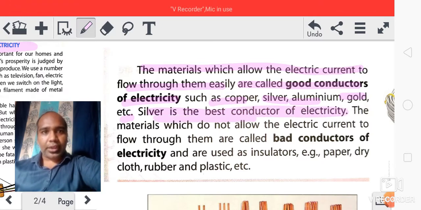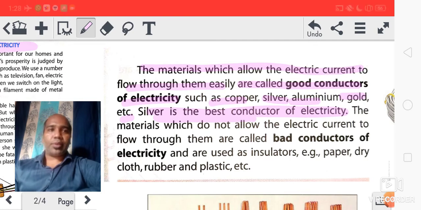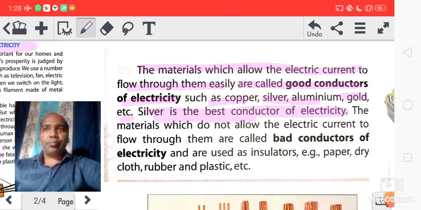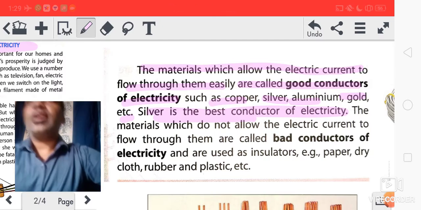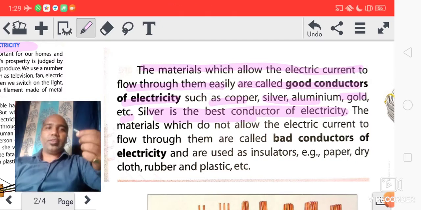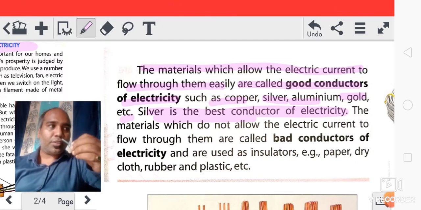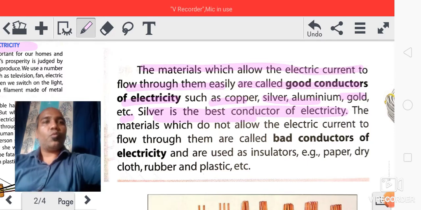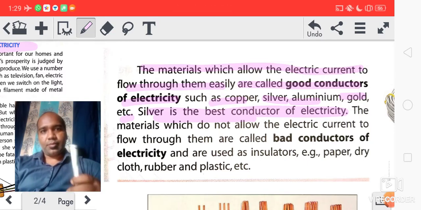So good conductor and bad conductor, what do you mean by that? Suppose I am taking two materials. One is this iron nail and one is this marker.